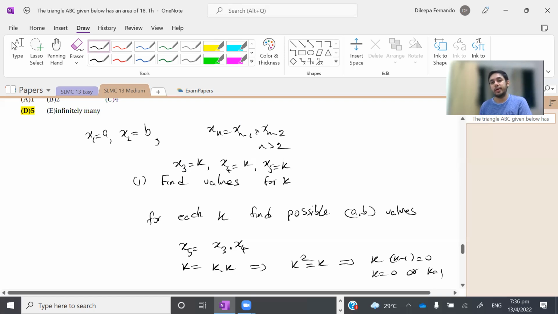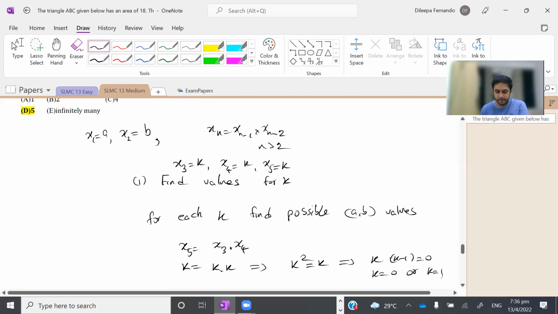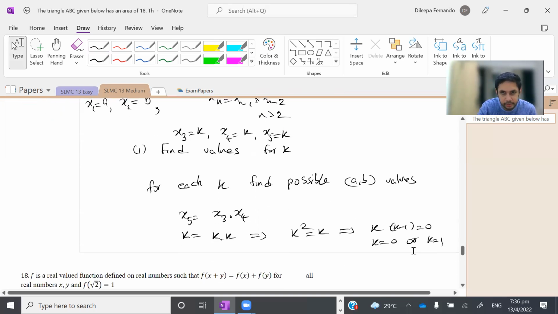So k can take two values. In this case, it can be 0 or it can be 1. So now let's see the two scenarios.